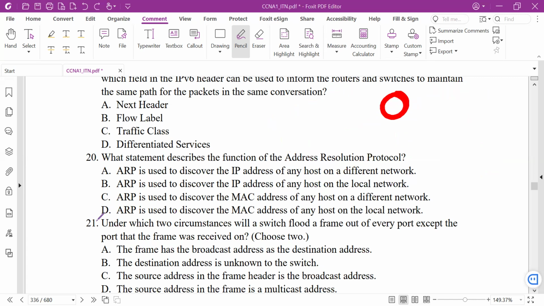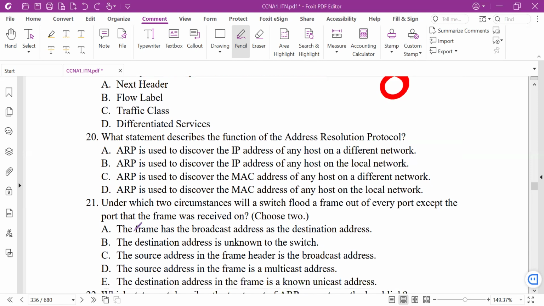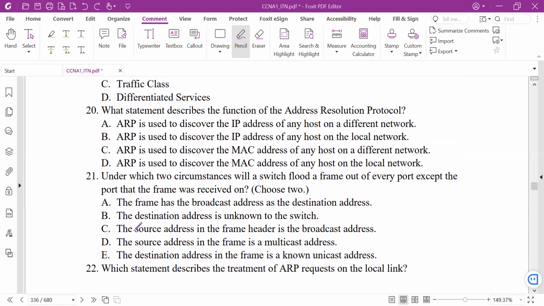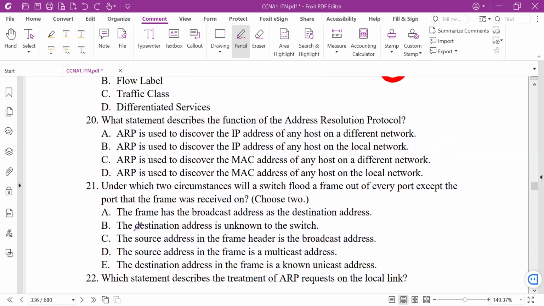Right, 21. Under which circumstances? Just a quick one. Yes, I do have a question. We're saying ARP only works locally, right? So in IPv6 we use neighbor discovery and neighbor solicitation?